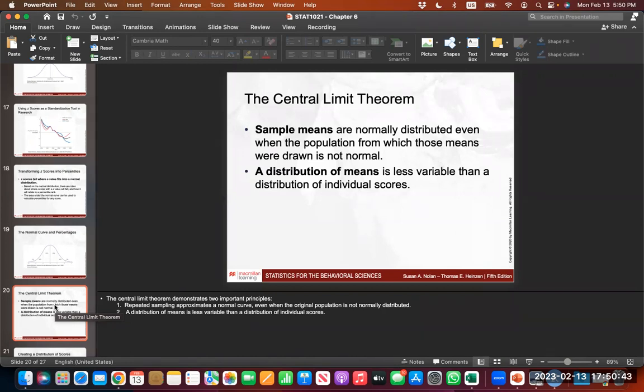And what the uncertainty or variability of that sample mean estimate actually is. So if you have a distribution of means, you basically have less variability than in an actual sample.